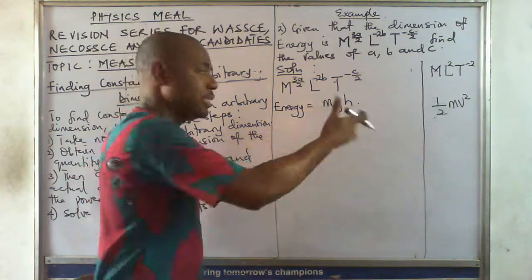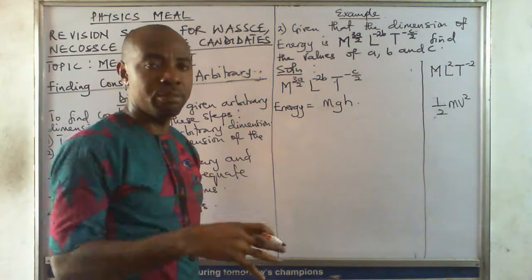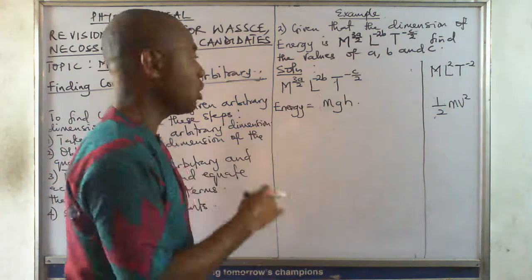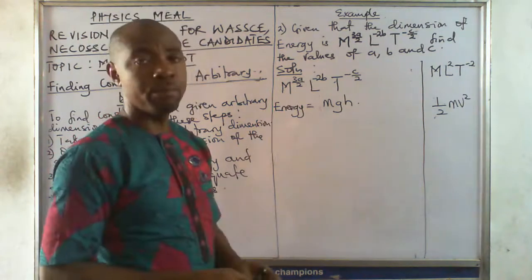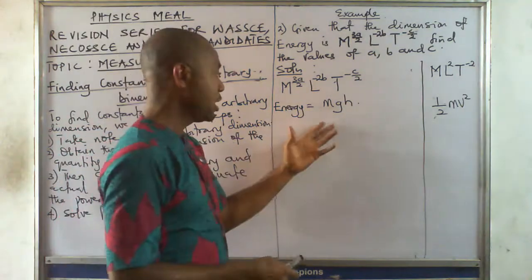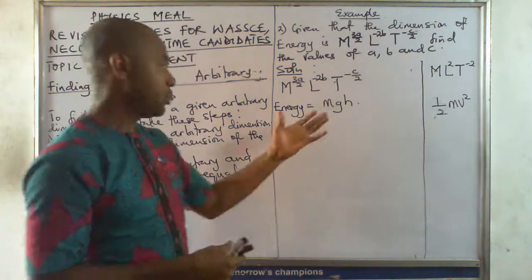This one is energy as a result of position. So if you are sitting on top of the table, you have potential energy, that's your position. But if you decide to walk around, your energy will move from potential to kinetic. So energy due to motion is kinetic. Energy as a result of position of a body is potential energy.